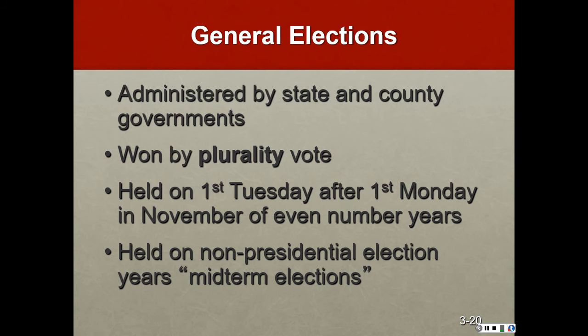If your candidate's made it, we're going to ask you to vote a third time in November, the first Tuesday after the first Monday in November. So what we're doing is we are asking you to vote 3 times in a period of 8 months, a maximum of 3 times in a period of 8 months for the same position, for the same elected official.